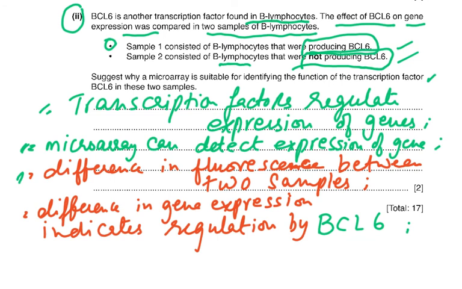So then we can know how they regulate it. One was without it, so that was a very good way to compare them. So difference in gene expression indicates regulation by BCL6. So of course you get to know a lot more by analyzing both the samples, and that gives you a little more information.